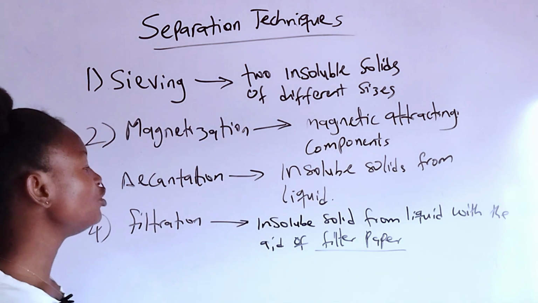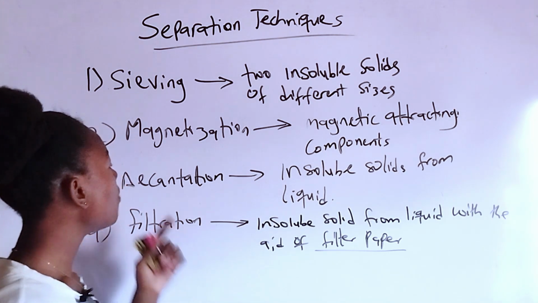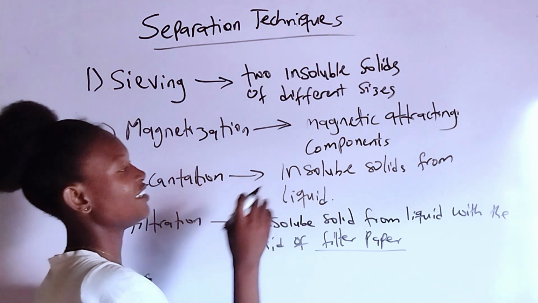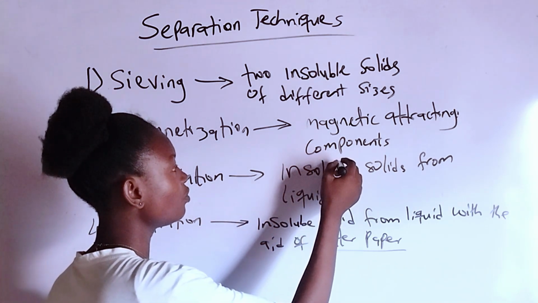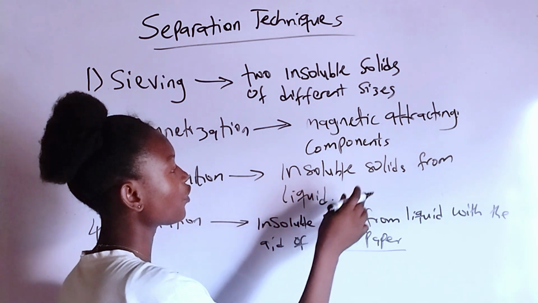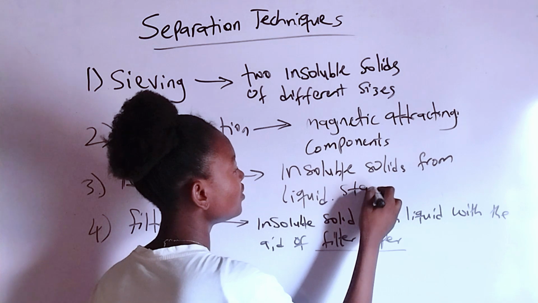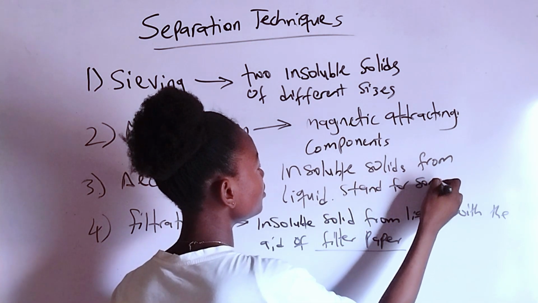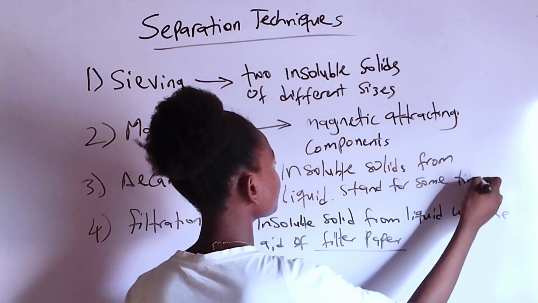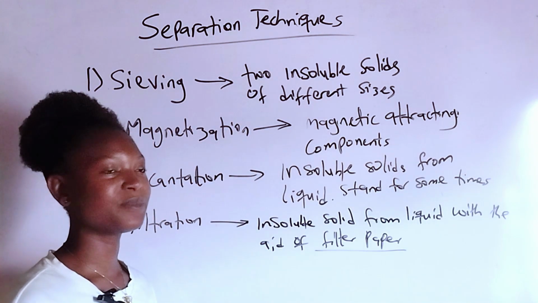So in filtration, we use filter paper to separate our solid from the mixture, but in decantation, though they are separating the same insoluble solid from liquids, this one is going to stand for some time. So we are going to let it settle down before we separate it.